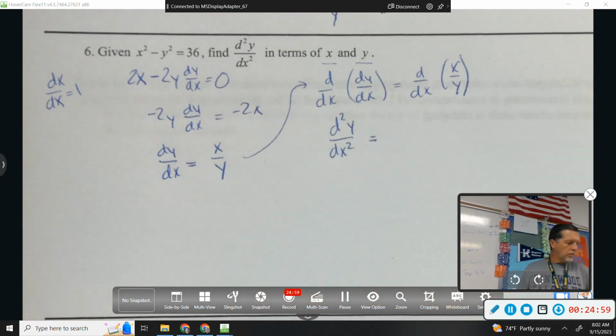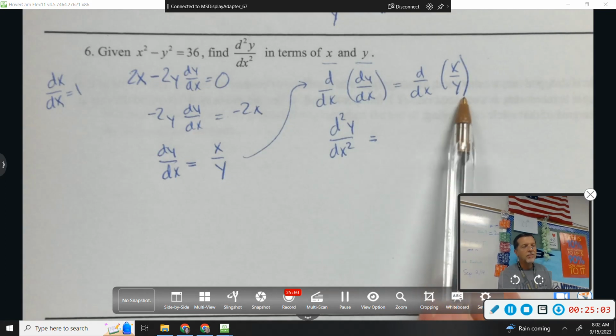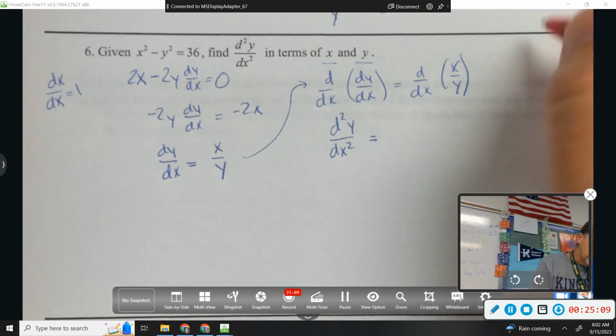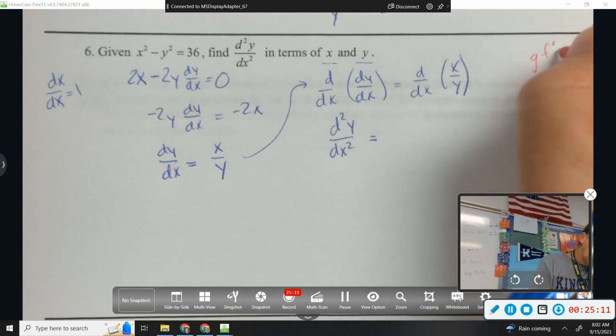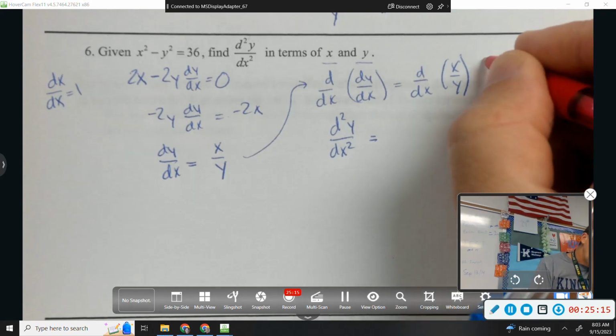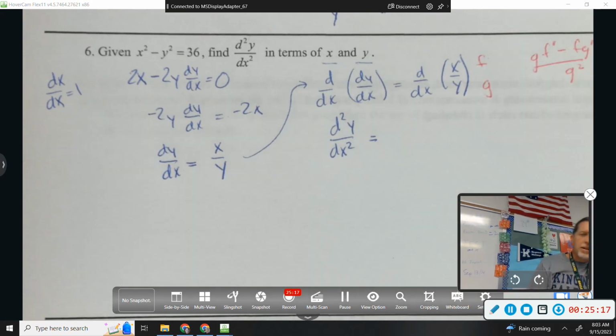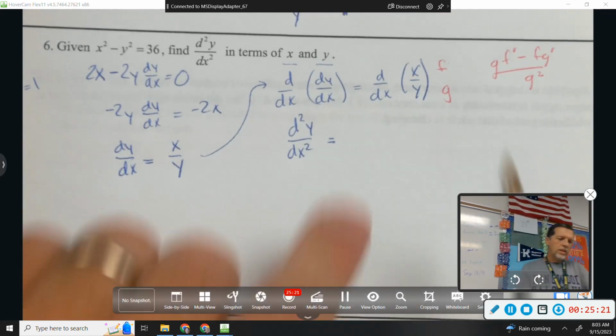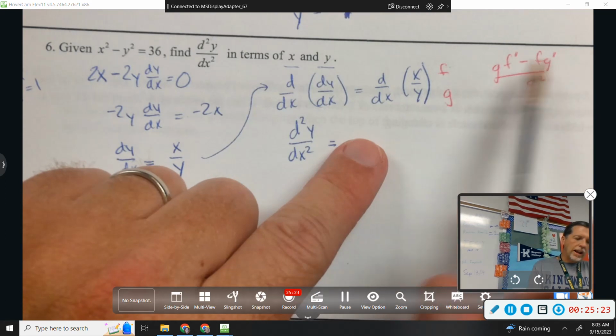On the right-hand side, how do I take a derivative of x divided by y? Quotient rule. So quotient rule, gf prime minus fg prime over g squared, where f is the top and g is the bottom. So these seem simple enough. I'm not going to write out f prime and g prime.